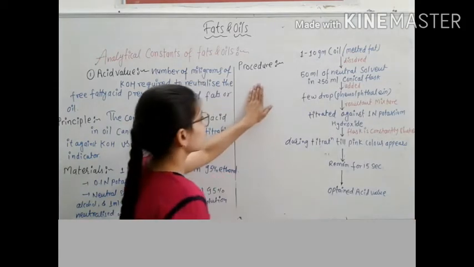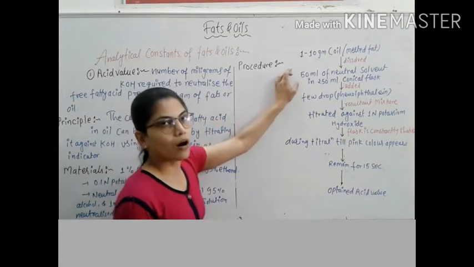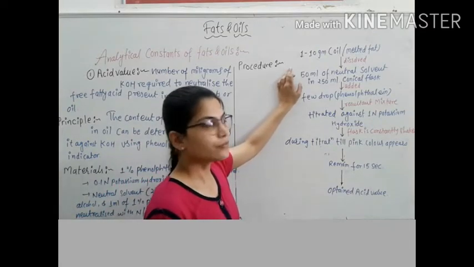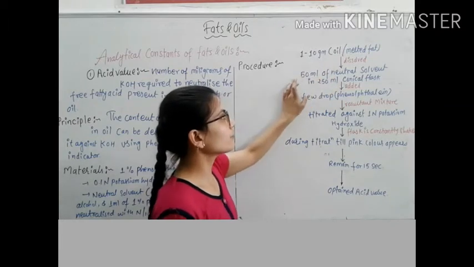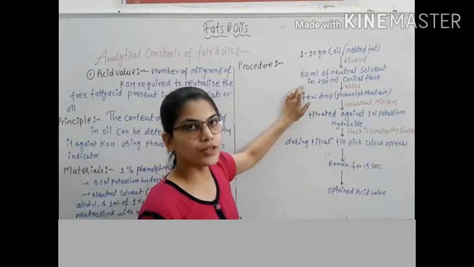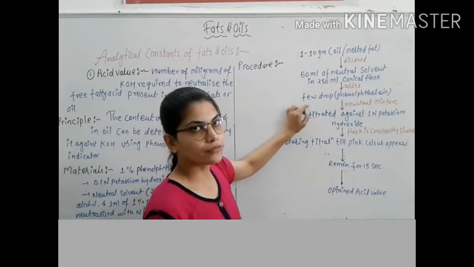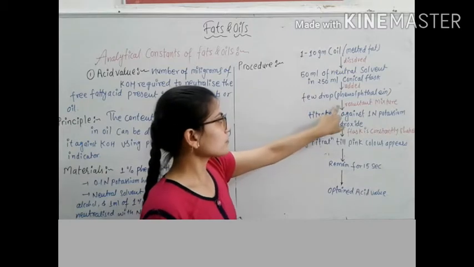Next, we discuss the procedure. Take 1 gram of oil or melted fat and dissolve it in 50 ml of neutral solvent in a 250 ml conical flask. Add a few drops of phenolphthalein indicator.